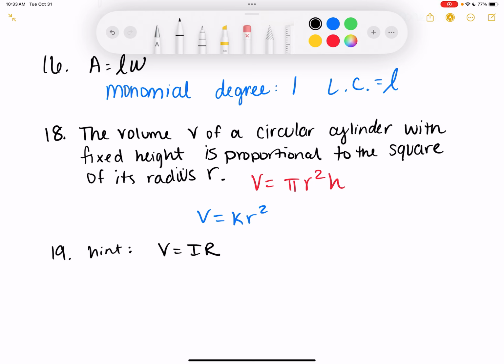If you can do those, you should be okay. Those are all pretty easy. 21, you might have to do a little research because you probably don't know that formula, but I can't just give you the formula because it gives you the answer. But you might be able to figure it out.